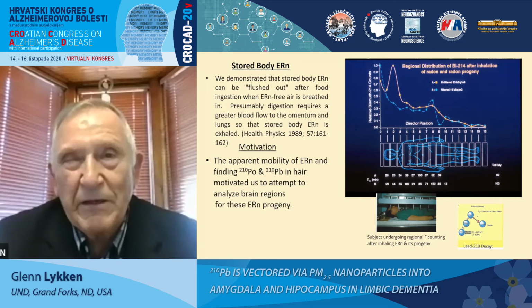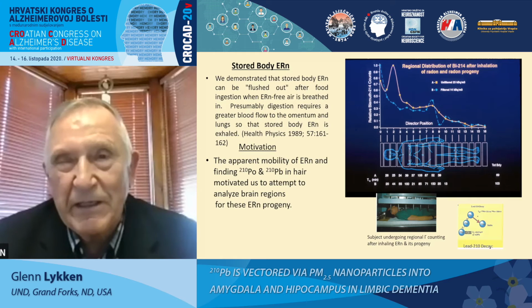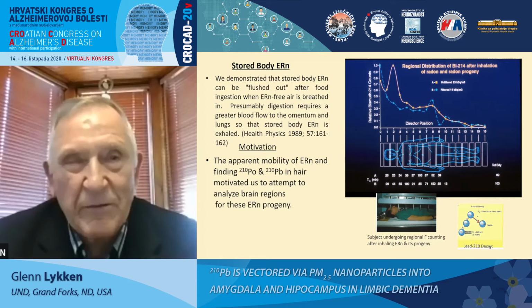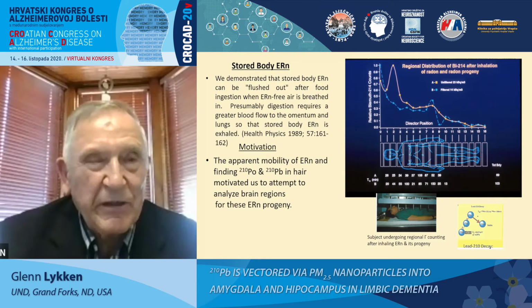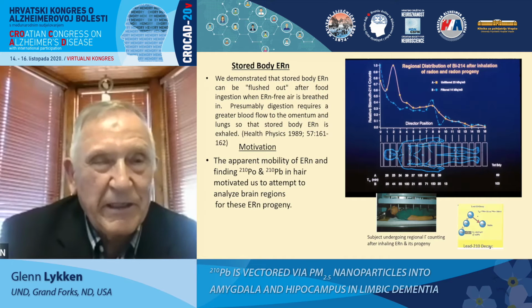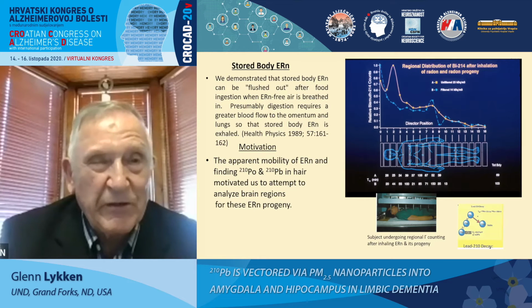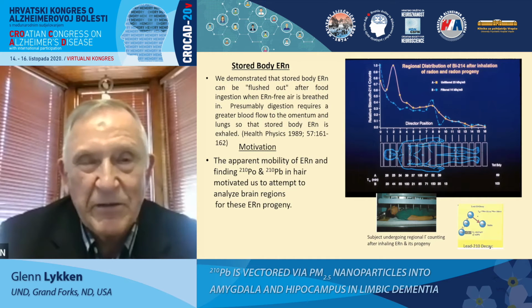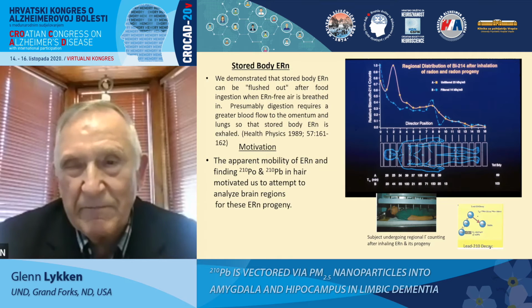The other, the blue group, had a mask on. Notice there's a big bump right over the omentum, which is the stomach region. So we noticed that radon is highly mobile in the body, and goes in and out. But we found polonium-210, which is one of its daughters, and lead-210 in hair. That motivated us to attempt to analyze brain regions for radon progeny. So the next one, please.